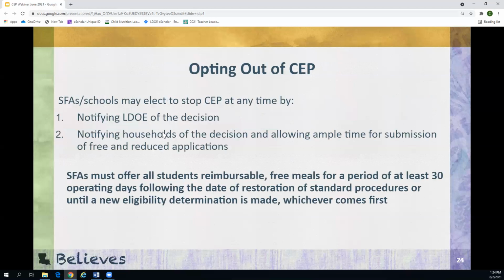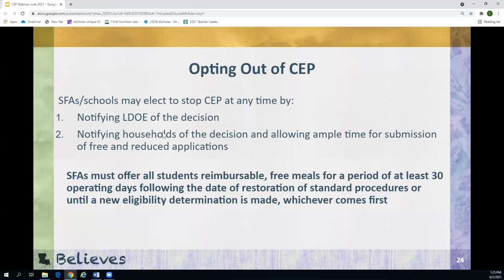Opting out of CEP. So this is not something we see very often. Most school systems, once they opt into CEP, do stay in CEP for the full 4 years, but we do occasionally have situations where a school would opt out. And the school or SFA has the ability to opt out of CEP at any time.